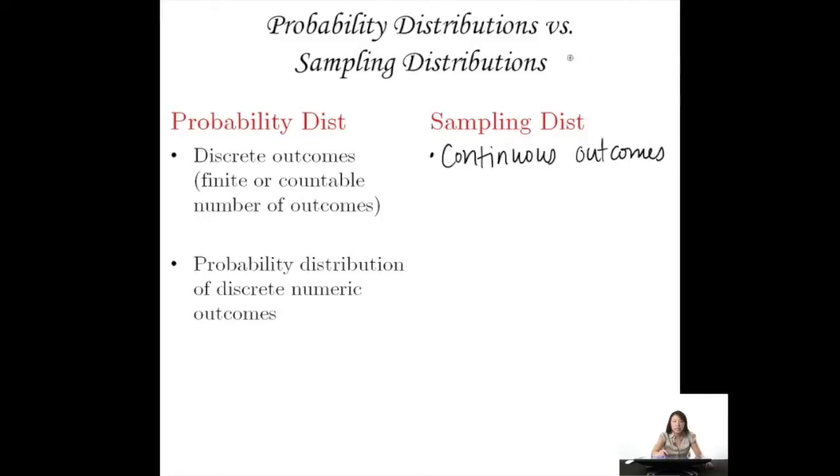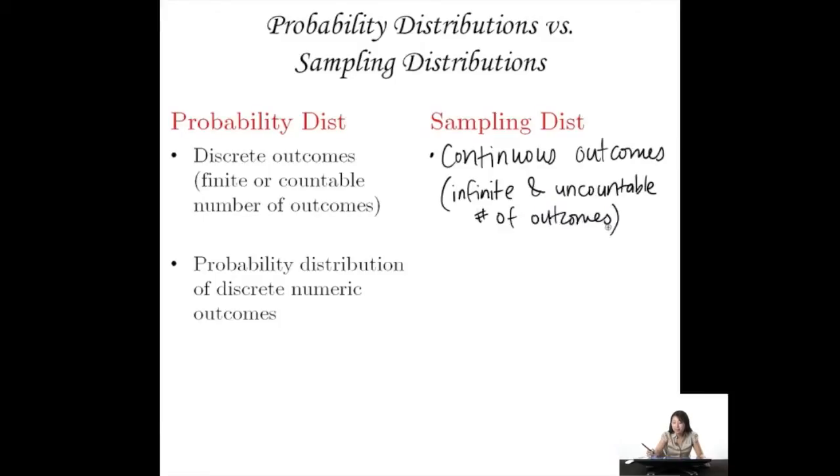We're looking for things like what is their average GPA. Right? There's an infinite number of average GPAs that you could potentially have, right? So in that way, it's not finite anymore, but it's an infinite number of outcomes, and an uncountable number of outcomes.